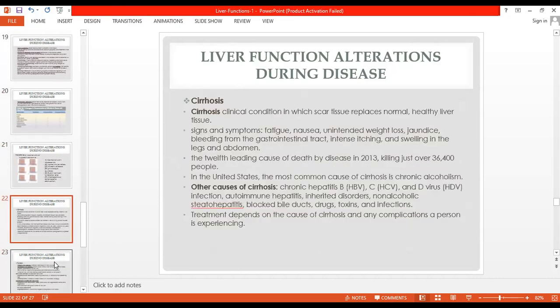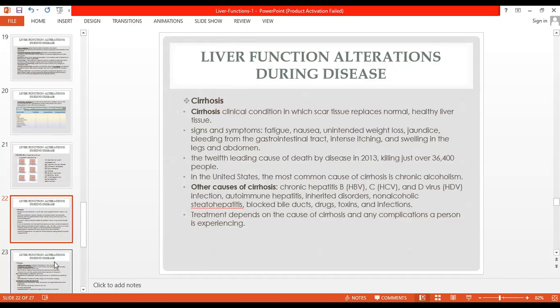Moving on to the next disease, which is cirrhosis. Cirrhosis is a clinical condition in which scar tissue replaces normal healthy liver tissue. As the scar tissue replaces the normal liver tissue, it blocks the flow of blood through the organ and prevents the liver from functioning properly.